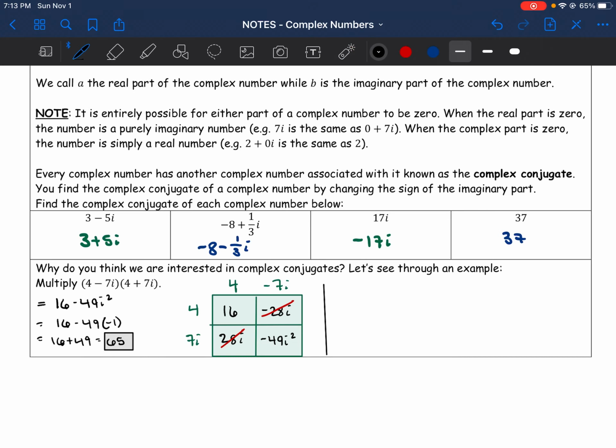So it turns out that multiplying a complex number by its complex conjugate will always result in a purely real number.